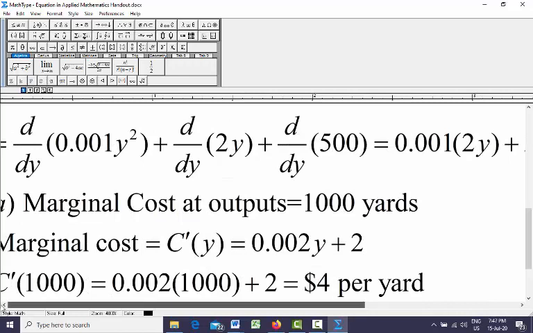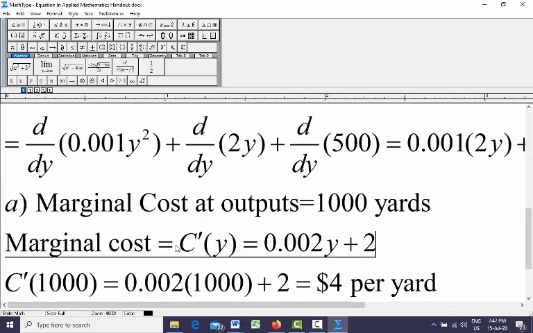So this is the marginal cost function. After differentiation we got this one, this is the marginal cost function.